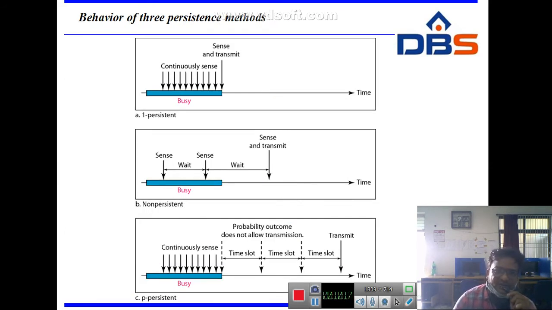At some point of time, the transmitter continuously senses the channel.